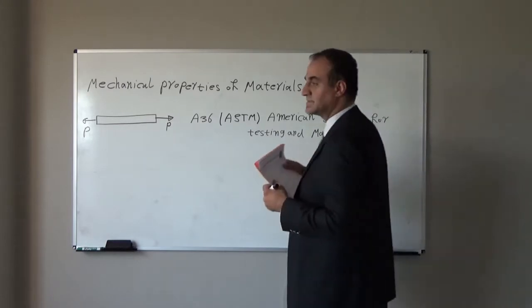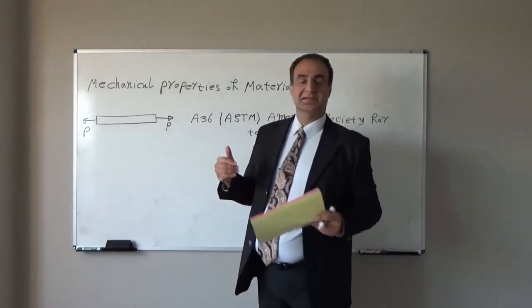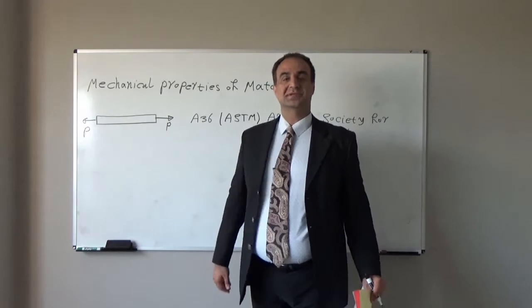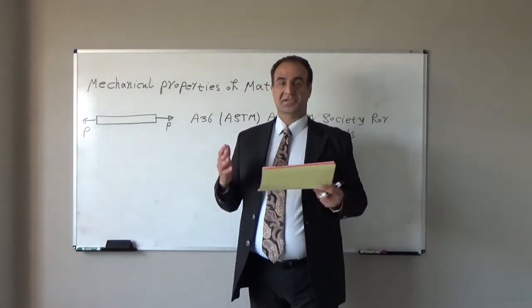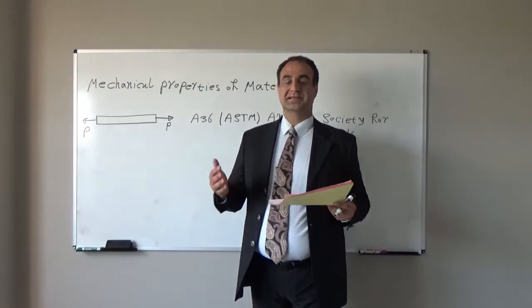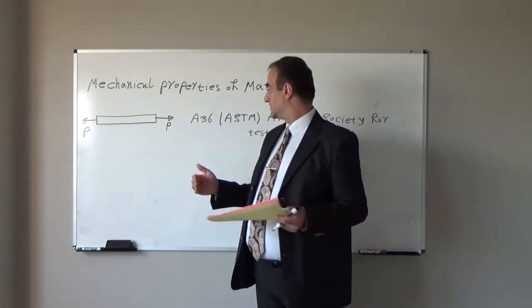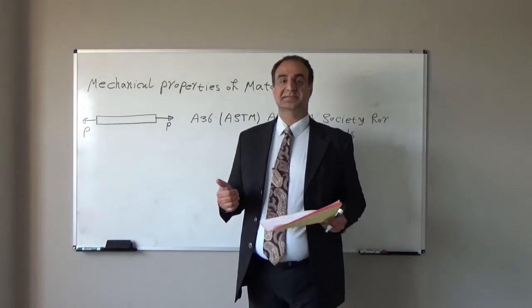So they call this kind of steel A36. This kind of steel usually they use in most construction. In construction, I-shaped beam, H-shaped column. Most steel we are using in construction, it is A36 steel.